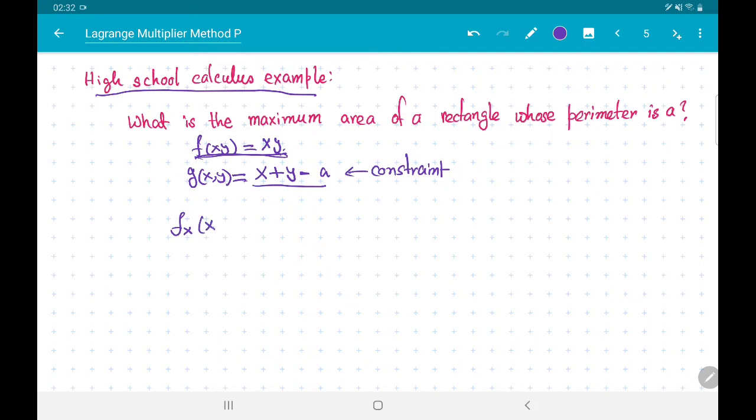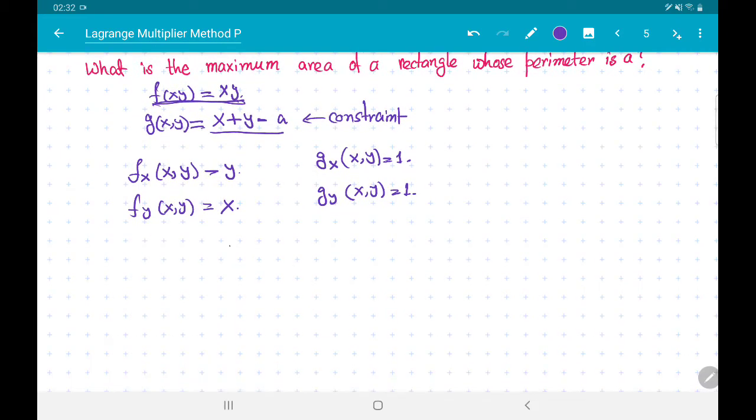Well, again I have to compute fx at the point xy. So this is going to give me y. fy at the point xy, this is going to give me x. What is g? gx of xy is going to be equal to 1. gy of xy is going to be equal to 1 again. And we have another equation which is given by x plus y is equal to a.